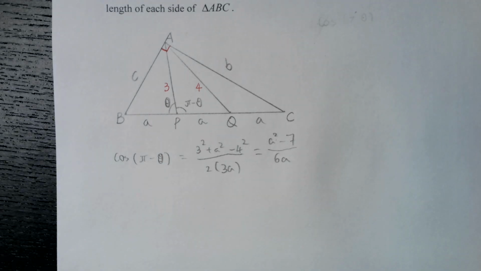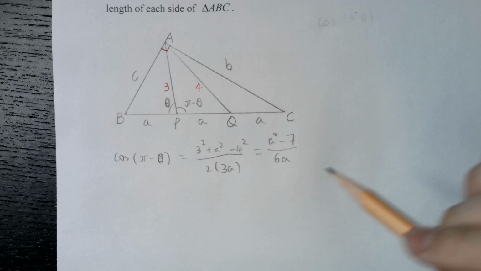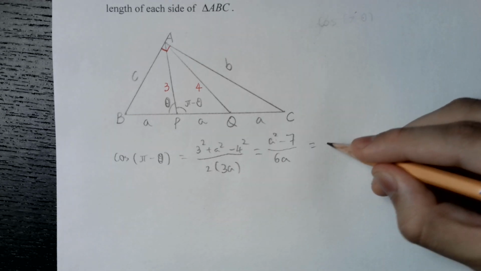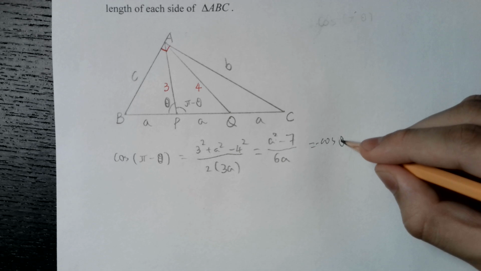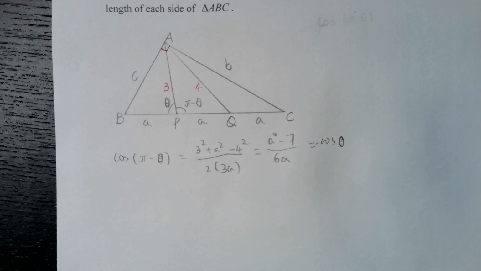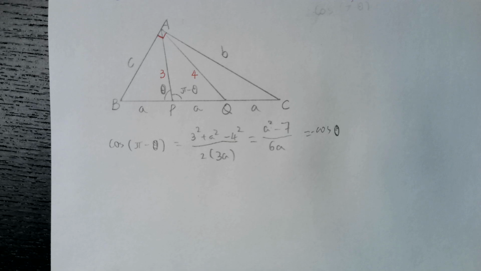Something you need to know here is that cosine pi minus theta is also just equal to negative cos theta. Now let's look at AB. We're going to do cosine law again.